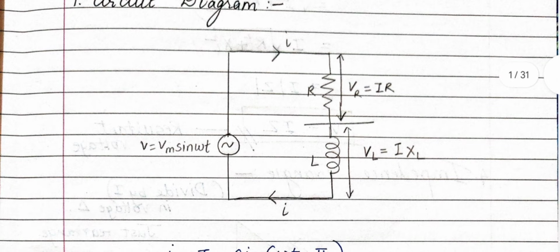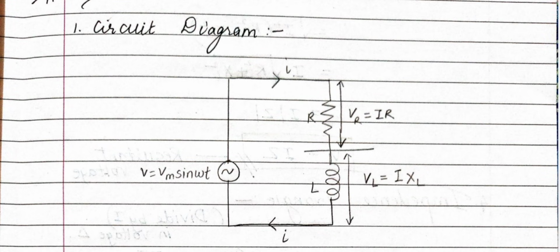So the first point is the circuit diagram. As we are studying the series RL circuit, you can understand by the name itself that it considers R, that is resistance, and L, inductance. A series RL circuit is a simple electrical circuit that consists of a resistor and an inductor connected in series to an AC voltage source, which is represented by a sine wave symbol.